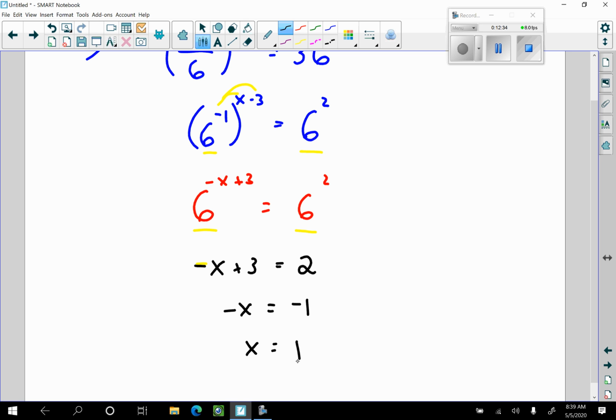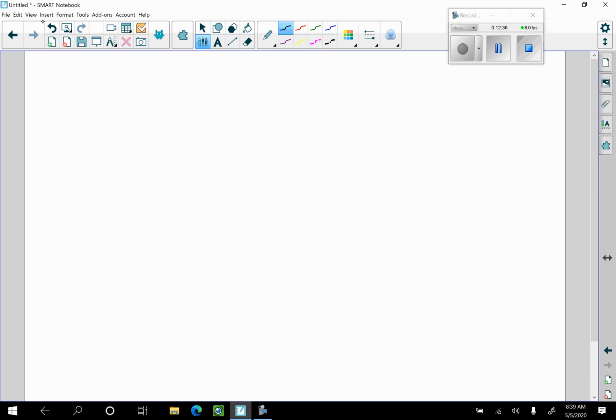And we're going to end this video with one more example here. This is going to be example, I believe we're at example 7. If I have 2 to the x times 2 to the 3 is equal to 1/8, how am I going to do that? Well, I'm going to have to get one equation where I have one base on both sides.